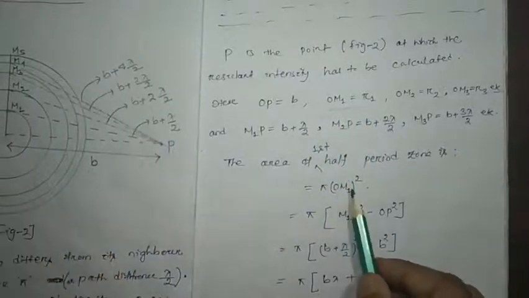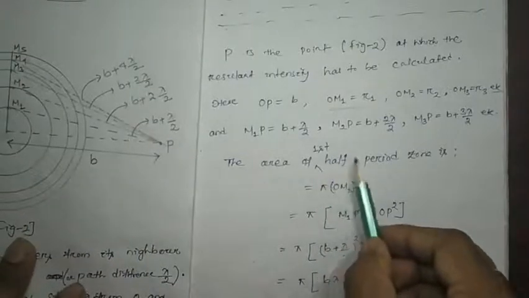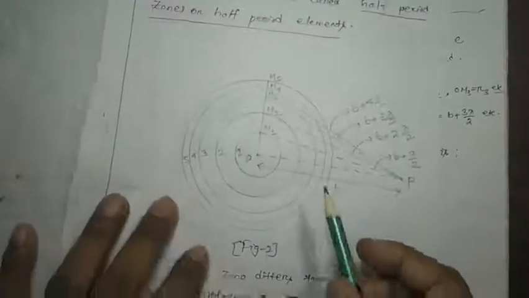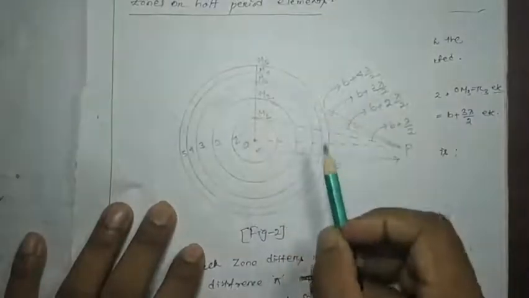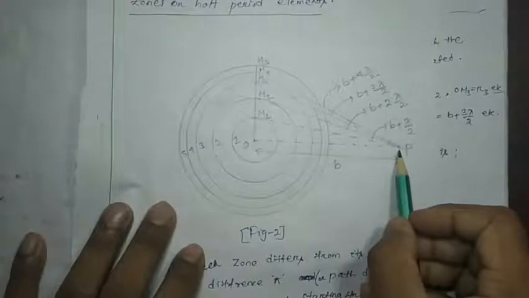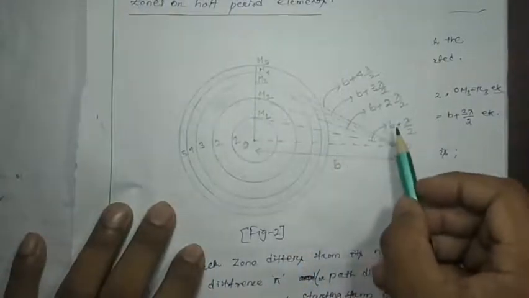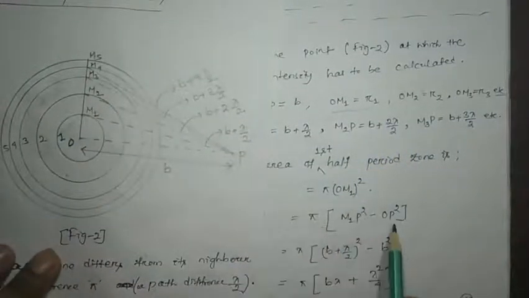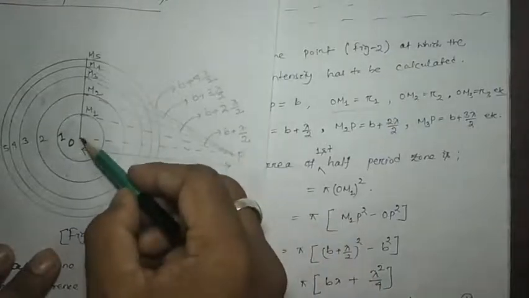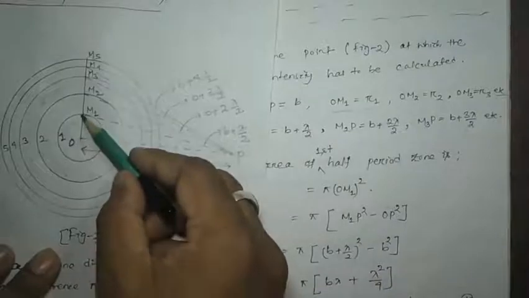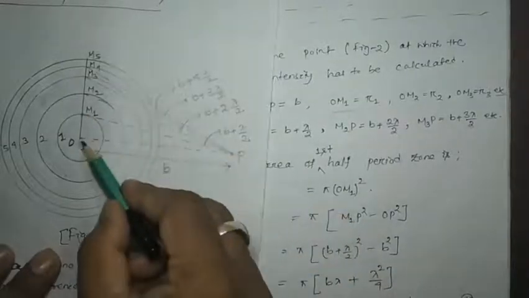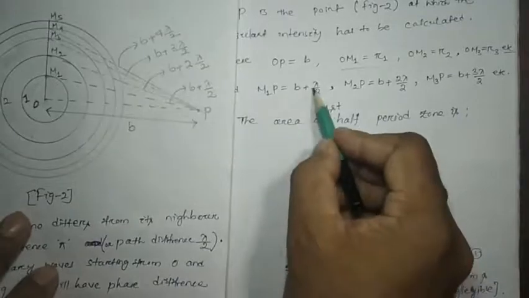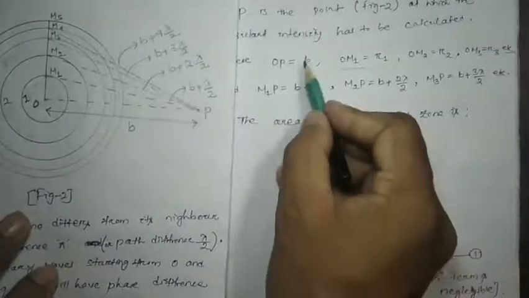So the area of the first half period zone will be pi times the radius squared, pi OM1 squared. OM1 squared is nothing but this diagonal distance squared minus this distance squared. If we consider the triangle OM1P, then OM1 squared is M1P squared minus OP squared. Now M1P is b plus lambda by 2, squared, minus OP squared, which is b squared.